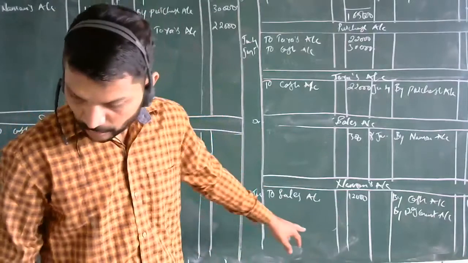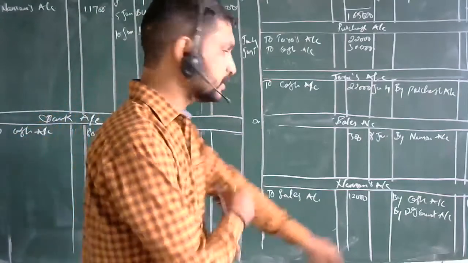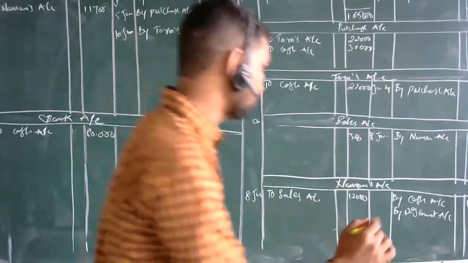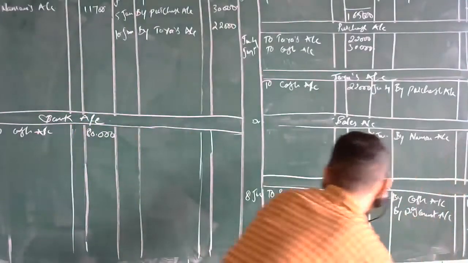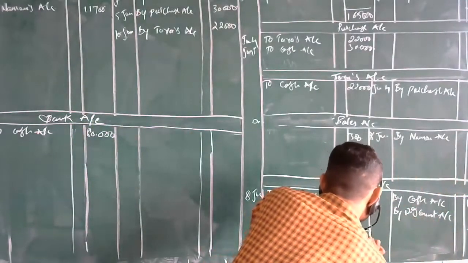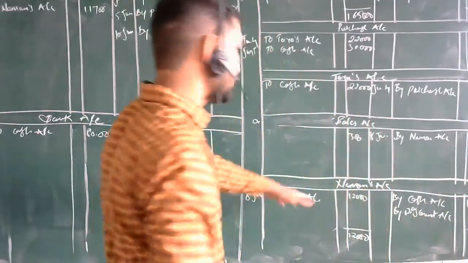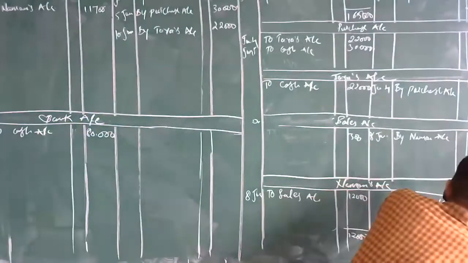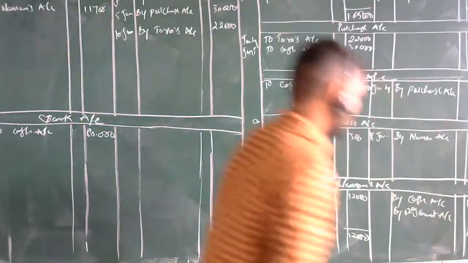So Naman's account we can complete. See, here we can end up with Naman's account. Naman's account is over now. Here you can tally Naman's account. Here no need to have any carried balance and all. Just like you are closing this account over here. Got the things?